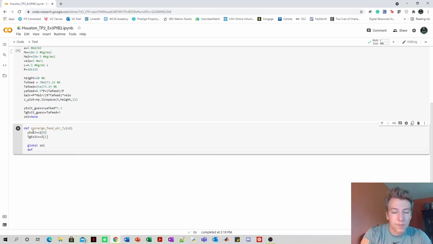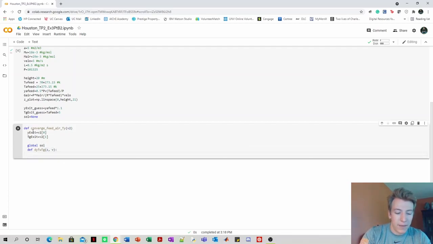our functions here for our differential equations. So we know that it's dy for the differential mole fraction, TW, and TG for the gas, at Z for distance, and V for the inner scope. Now that we have that, we can then evaluate each differential value.